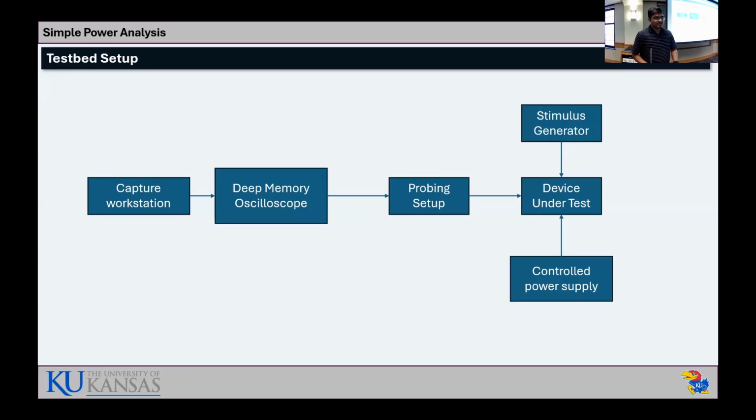How many of you have dealt with an oscilloscope before? So an oscilloscope is a machine with which you can get to know about the power trace, voltage, and current of any circuit or electrical system.